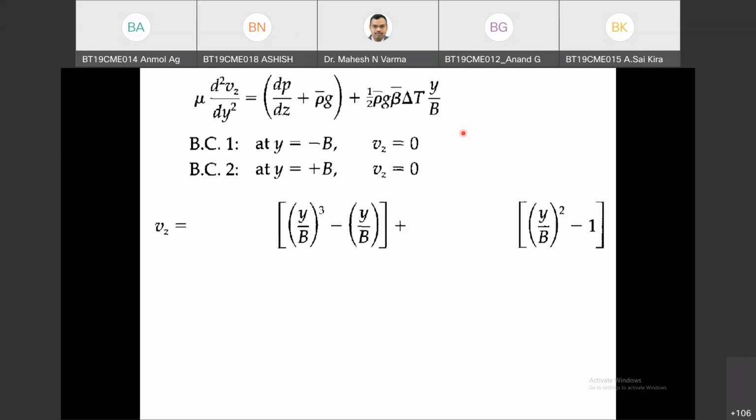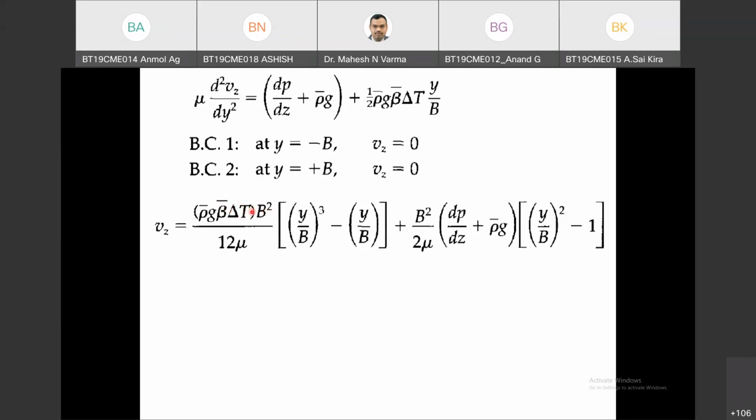So this constant value is rho bar, the average density, G, the acceleration due to gravity, the average coefficient of volume expansion, and the temperature difference.